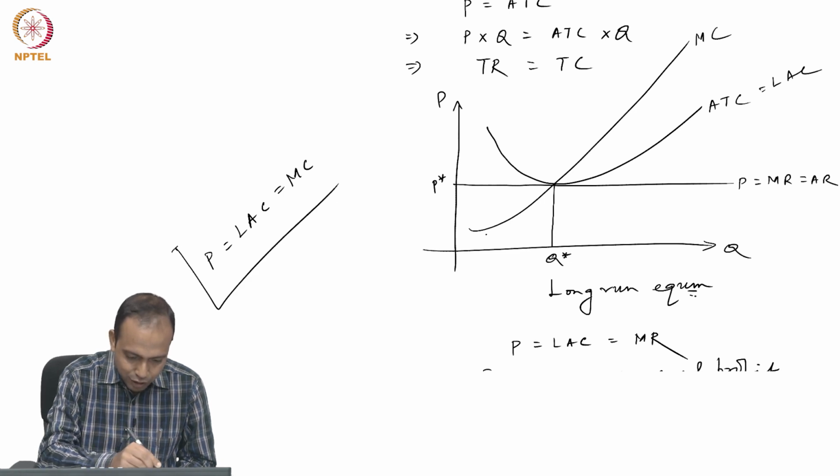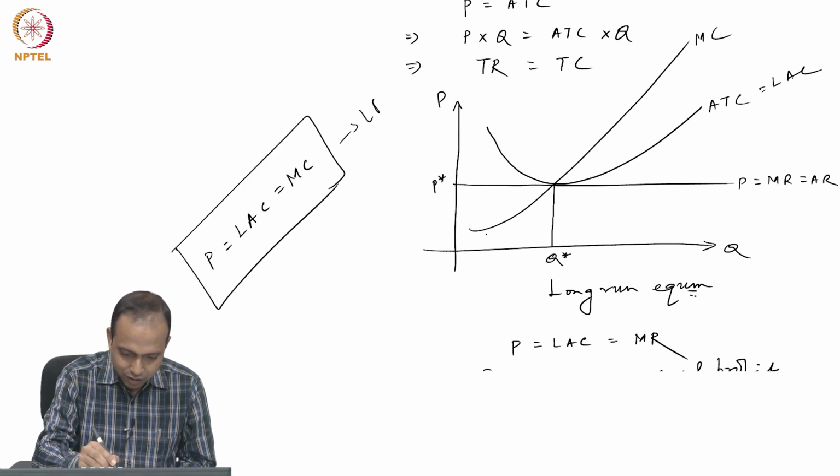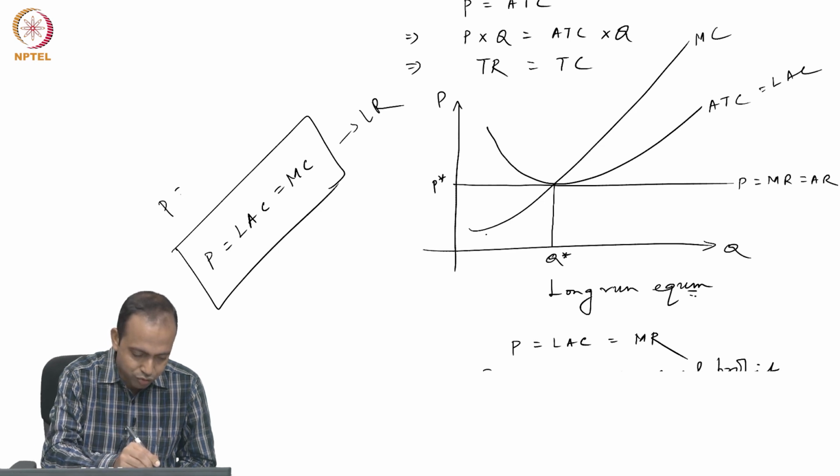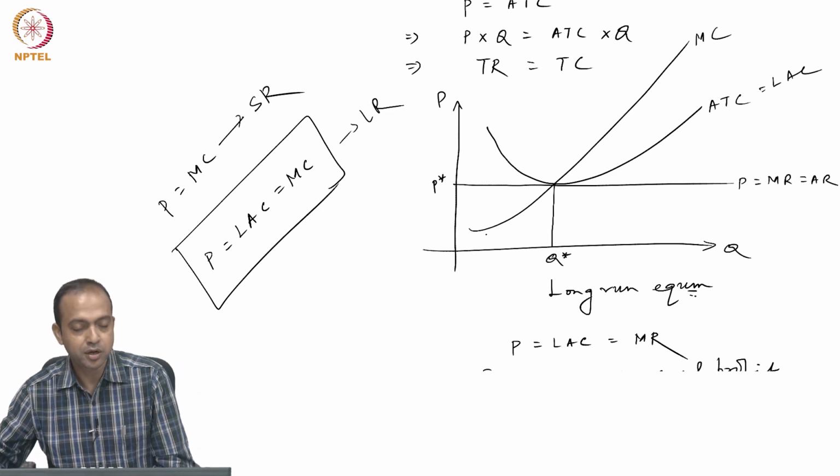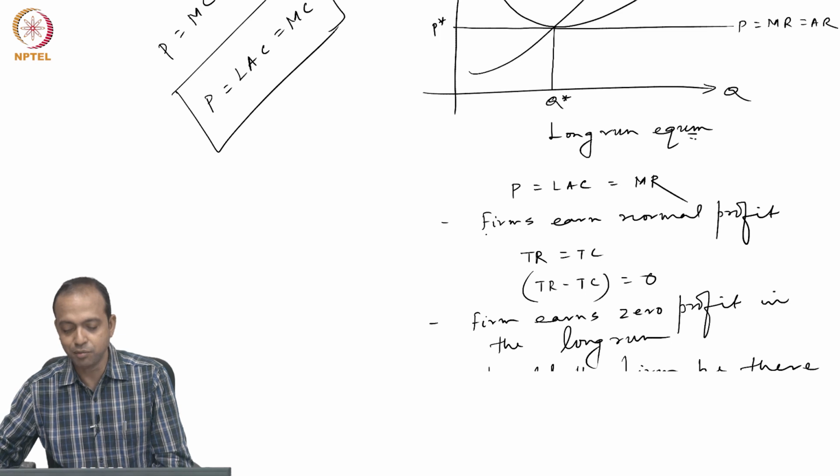That is the long run condition, and P equals to only MC is the short run equilibrium condition for a perfectly competitive market.